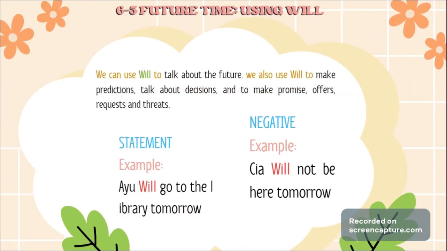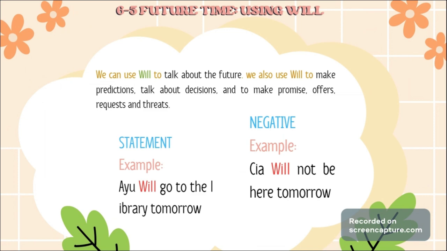Next, future time using will. So, will is used to talk about the future. We also use will to make predictions, talk about decisions, and to make promises, offers, requests, and threats. So, I will give some examples for statement and negative statement.